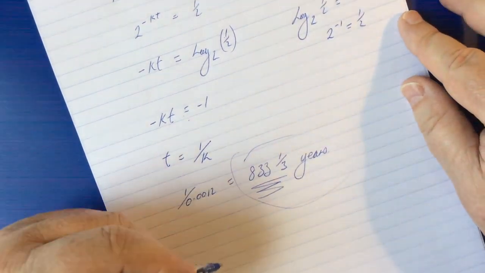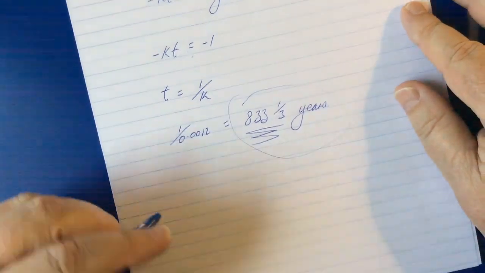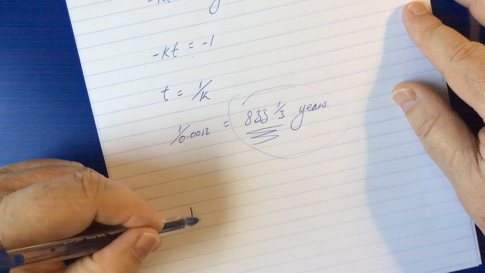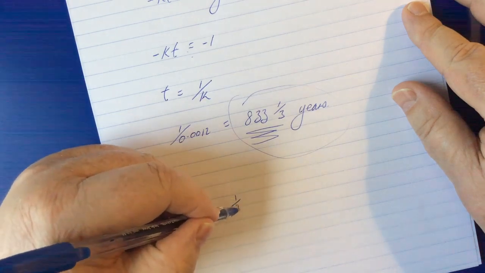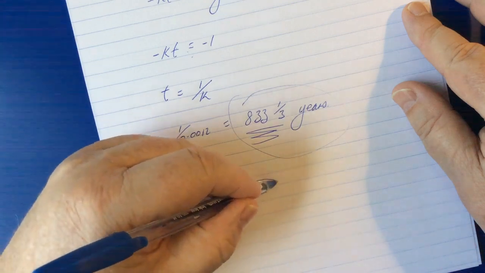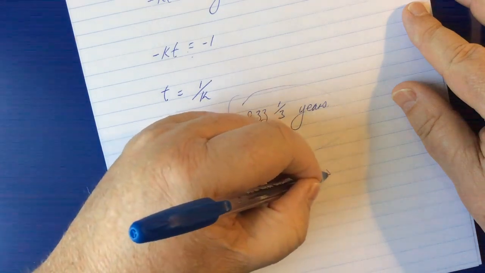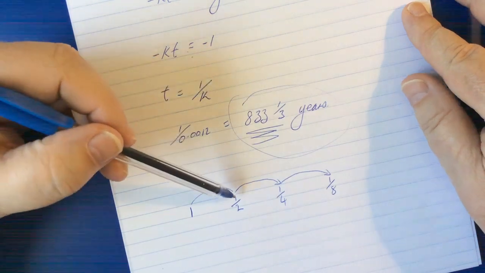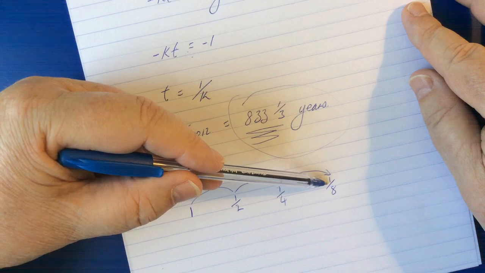And the reason I wonder is because if we conceptualize a half-life, if we start with a substance that is 1, it moves to a half, to a quarter, and to an eighth. And it has been through 3 half-life periods to get there.